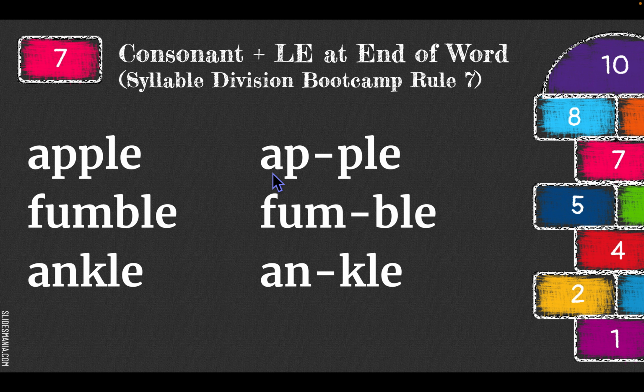So the short A. Apple, fumble, ankle. Again, you can watch my Syllable Division Bootcamp Rule 7 for more practice with this rule.